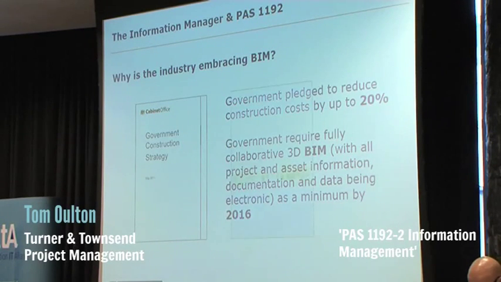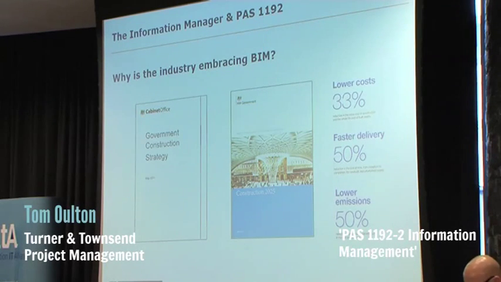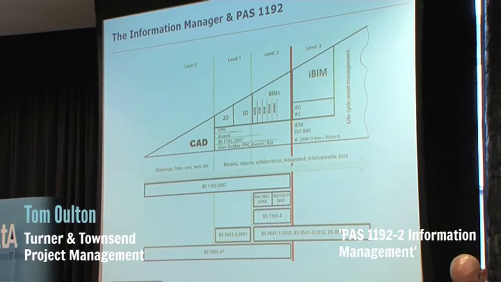Then in 2013, the UK government set new targets calling for major reductions in project delivery cost, time and greenhouse gas emissions, and further enforcing its commitment to BIM. And how do we achieve this? Well, by applying the government's vision of attaining level 2 on our projects.